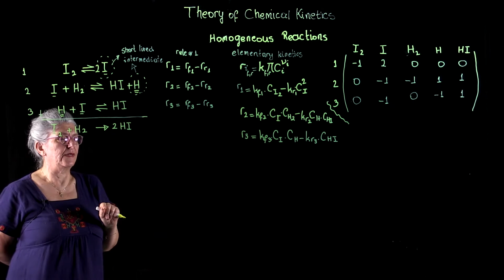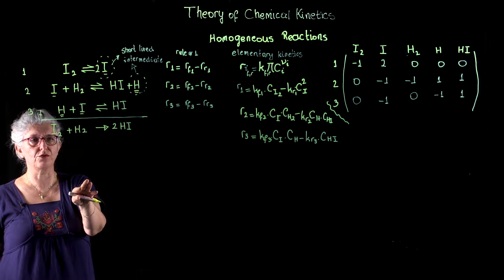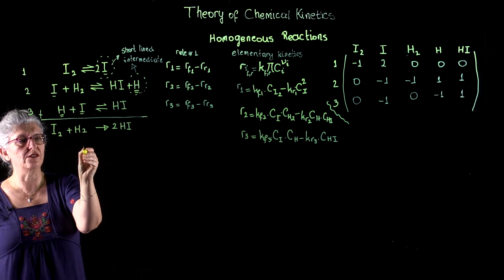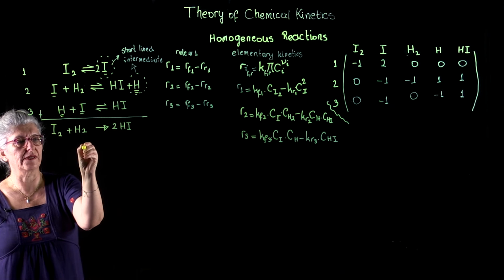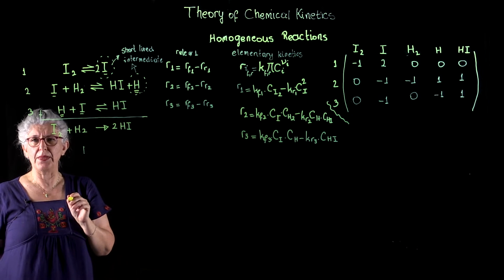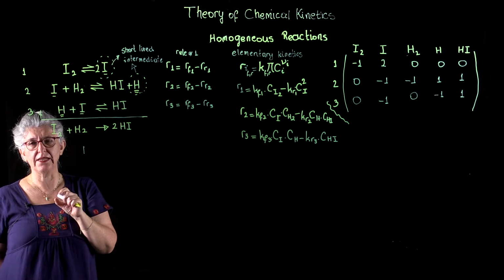Now, this domain I will use to write the time rate of change of the concentrations of the individual components, thinking that we are dealing with these reactions in a batch reactor.